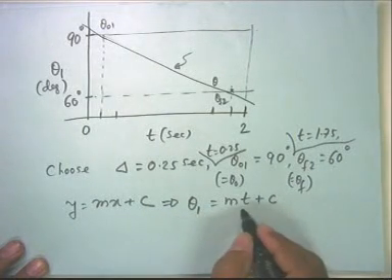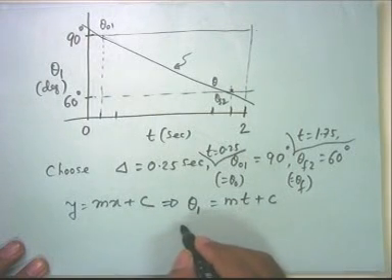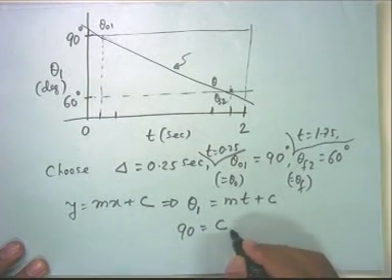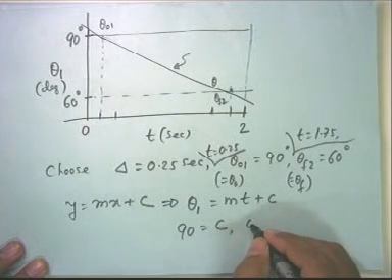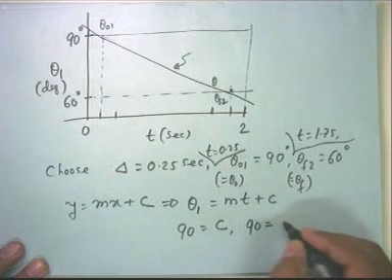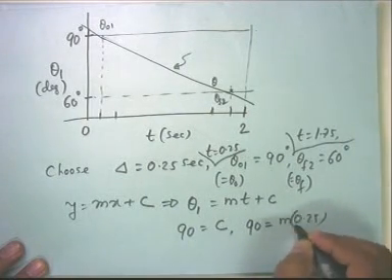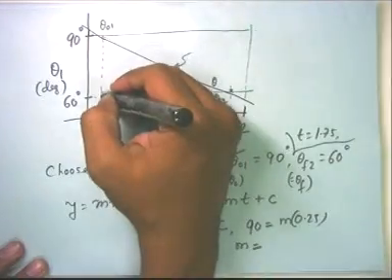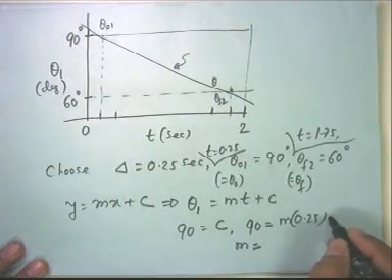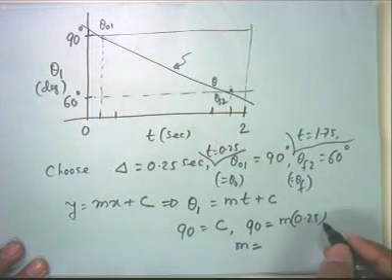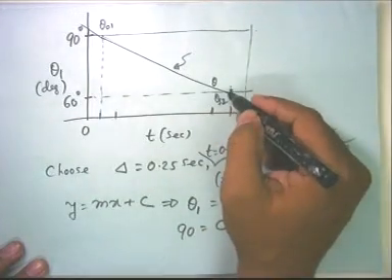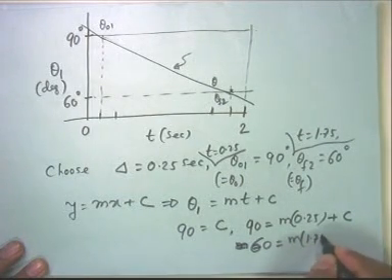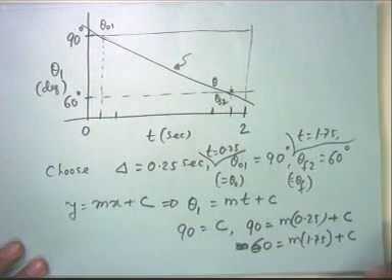I know at t equal to 0.25 theta is 90, so 90 is equal to m into 0.25 plus c, and I also know at 1.75 this is 60, so 60 is equal to m into 1.75 plus c.